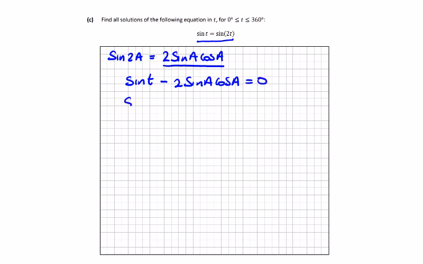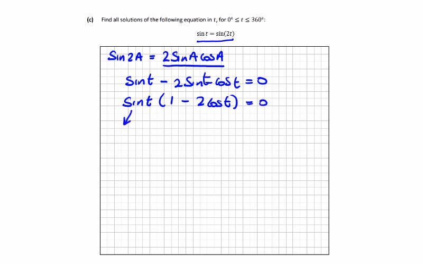And then we can factorize out sine t, sorry, I should have them all as t's, sine t and cos t, to get sine t times 1 minus 2 cos t equals 0.